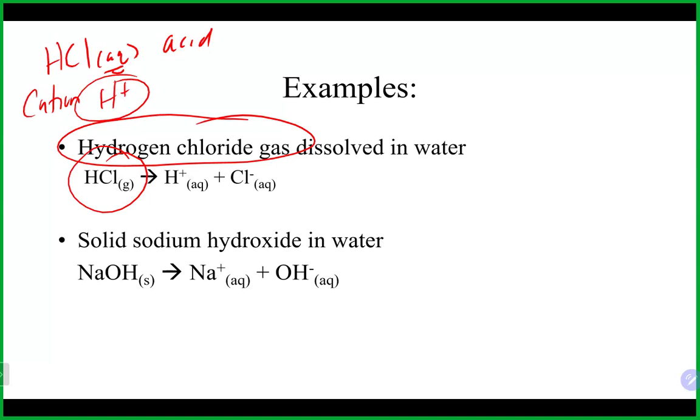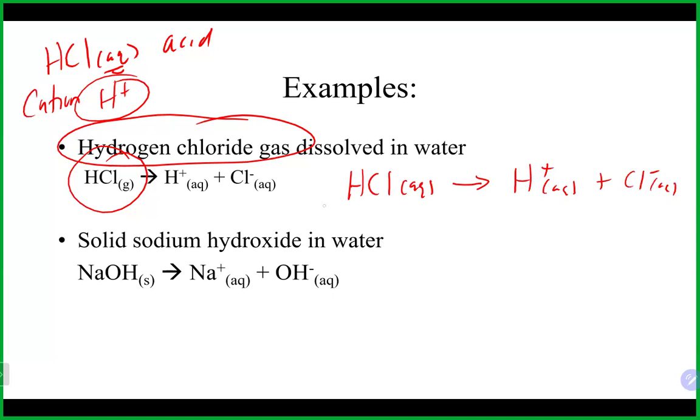Now, what is the difference between, I said you could get H3O plus or H plus, which is basically the same. For example, if we write a strong acid like hydrochloric acid just dissolving in water, we would have an equation like H plus and Cl minus, which is actually just breaking apart into its ions.